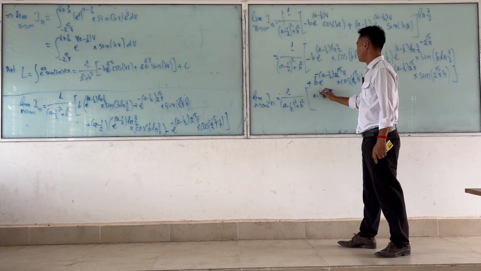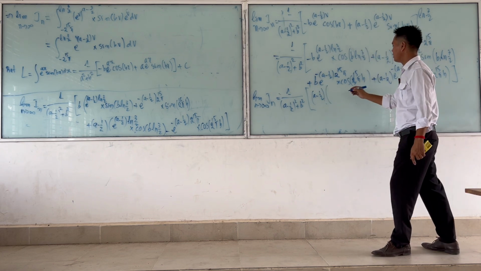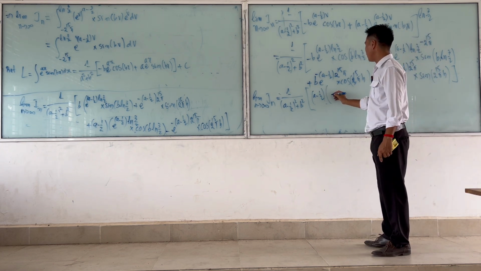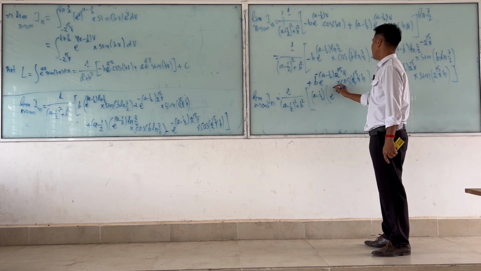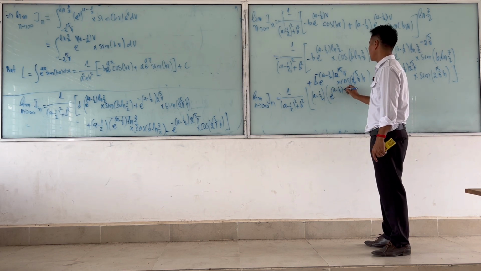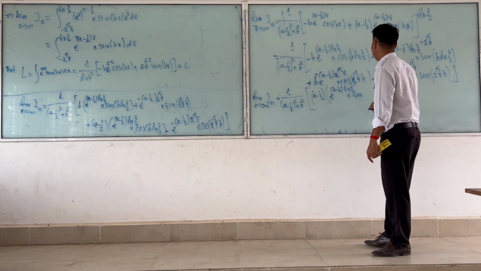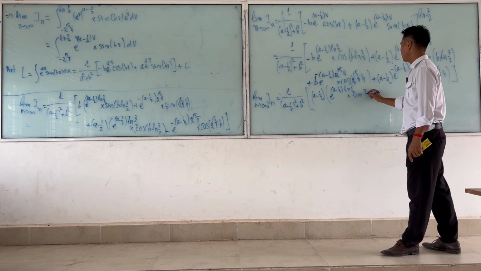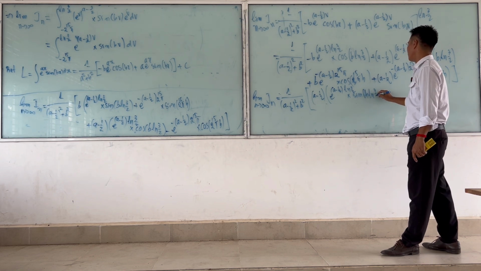So you get (a minus 1 over 2) multiplied by this one: e to the power (a minus 1 over 2) natural log 3 over 2 multiplied by sine of b natural log 3 over 2, right?